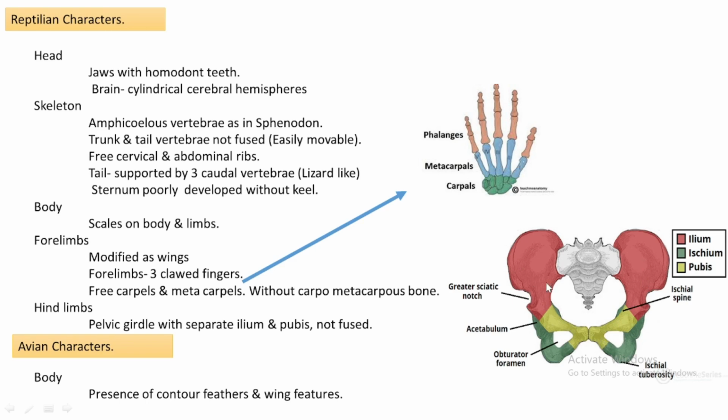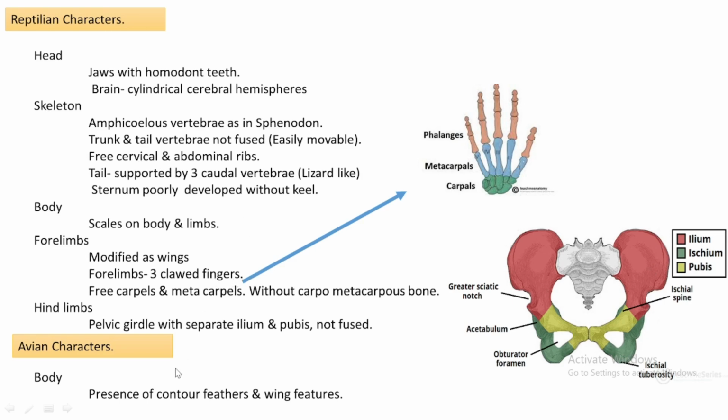Okay, and the pelvic girdle has 3 major types of bones: ilium, ischium, and pubis. And in this case of Archaeopteryx, that ilium, this red portion, and the green portion, that is ischium, they are separate. It is not fused. That is also a character of reptiles.